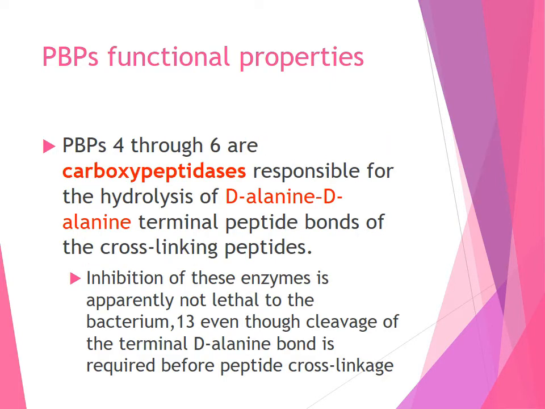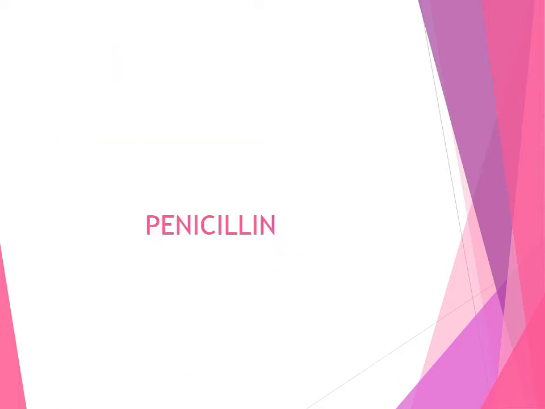Your 4 and 6, they are also known as your carboxypeptidases, which are responsible for the hydrolysis of D-alanine terminal peptide bonds of the cross-linking peptides.